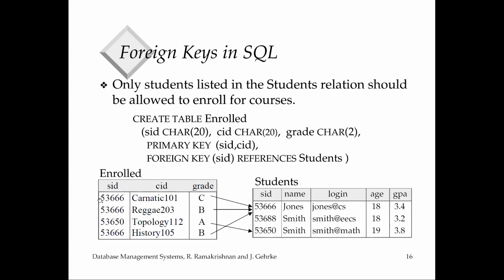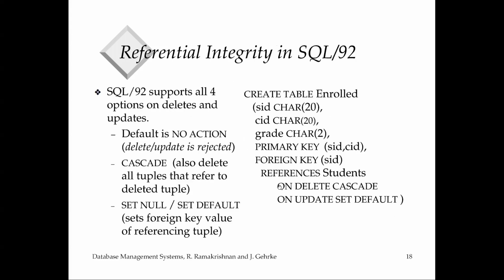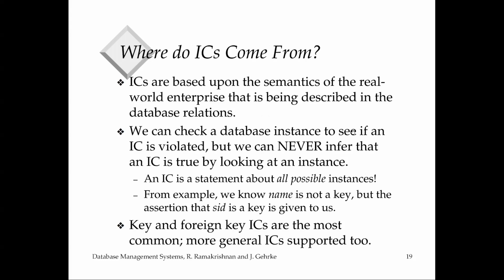The other option is you could select some default value, maybe say -1 or something like that, such that whenever a student is deleted, you just change the ID to that, such that you can keep these enrollment records, but now they do not refer to any student. And that choice is really up to you. And this is how you can go about making a statement that determines that.